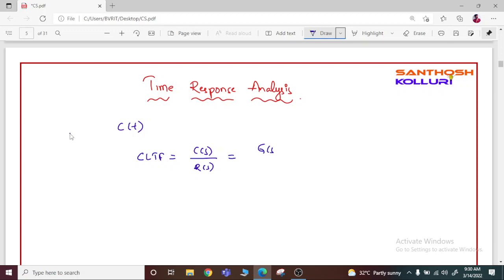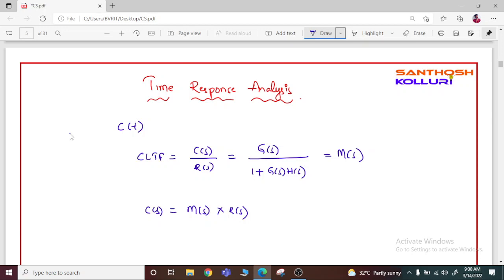In general, we will be representing this with respect to G of s by 1 plus G of s into H of s. So let me represent this with respect to M of s. Then the output in s domain is C of s, which is given by the product of this overall transfer function and input in s domain.